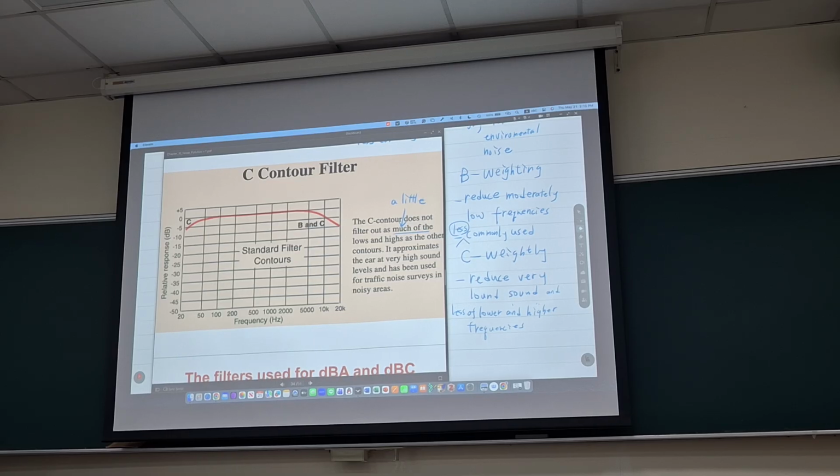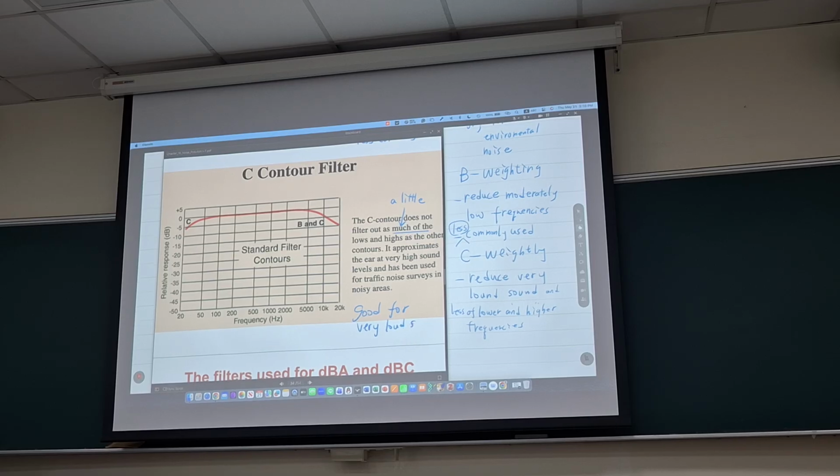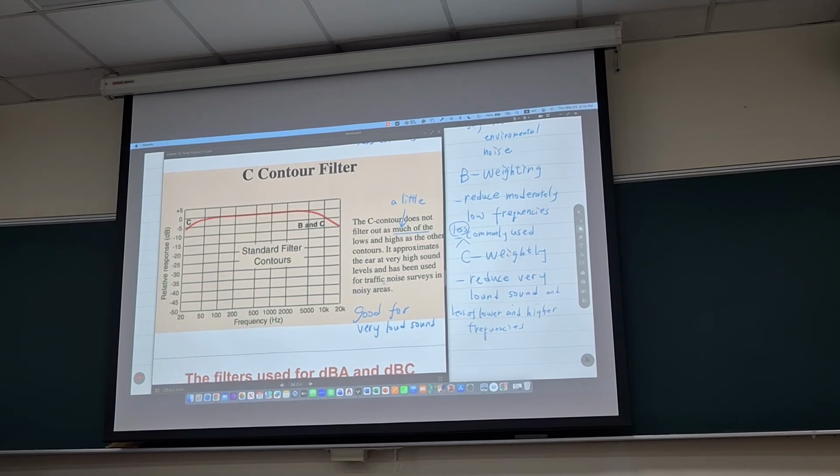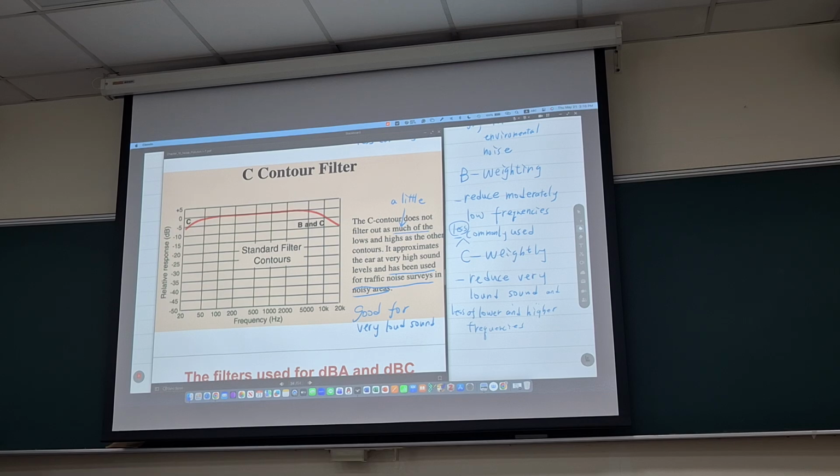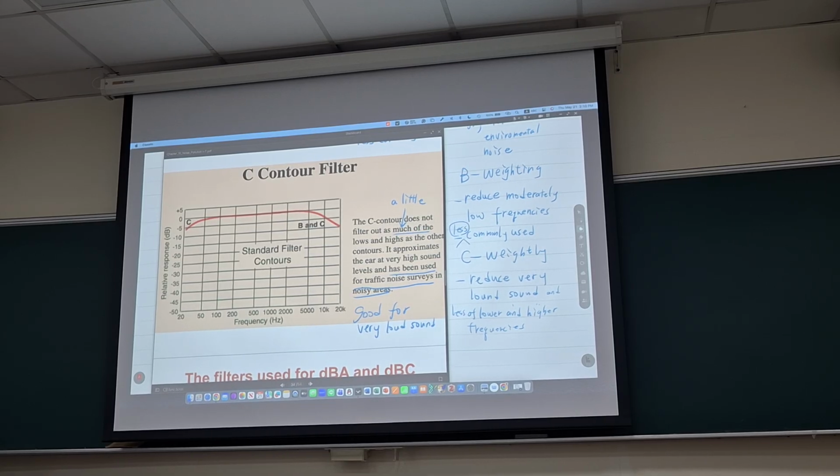So it's good for very loud sound. You can see that it has been used for traffic noise surveys in noisy areas.